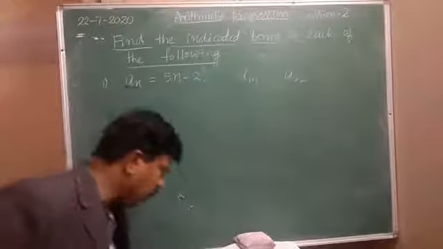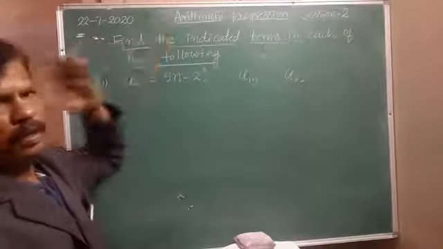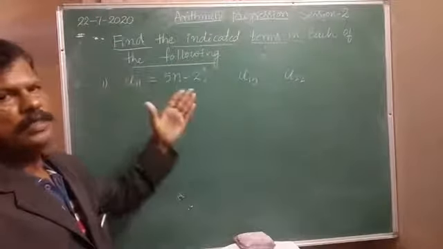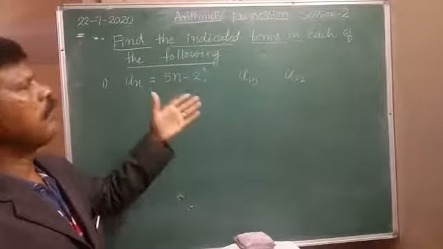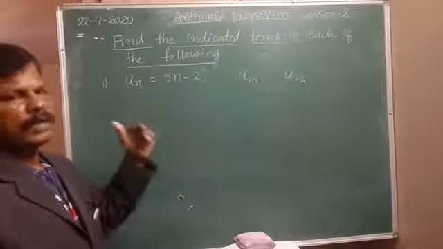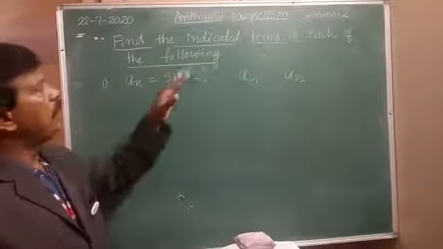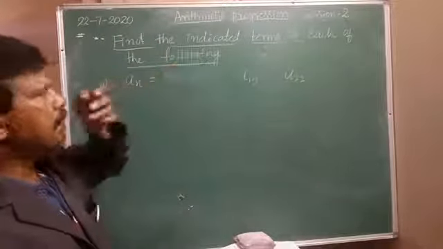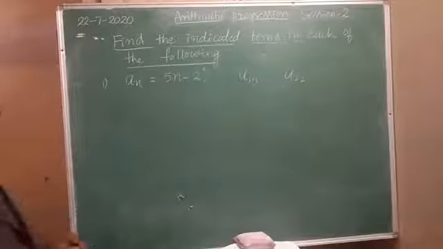In the previous problem we found the asked terms, whether the first 3 terms or first 5 terms. In this second one, find the indicated terms in each of the following.